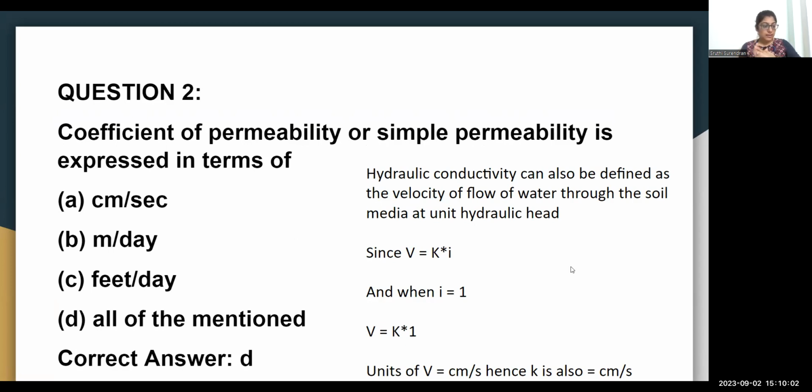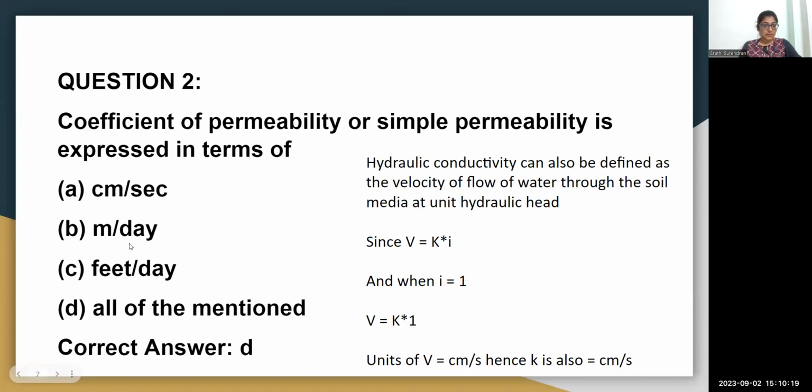Now, how does hydraulic conductivity get the unit of velocity? So we know that the product of hydraulic conductivity and hydraulic gradient gives us the velocity of water that is flowing through the soil media.